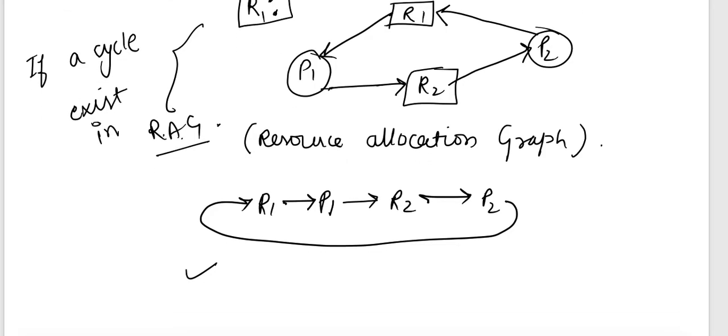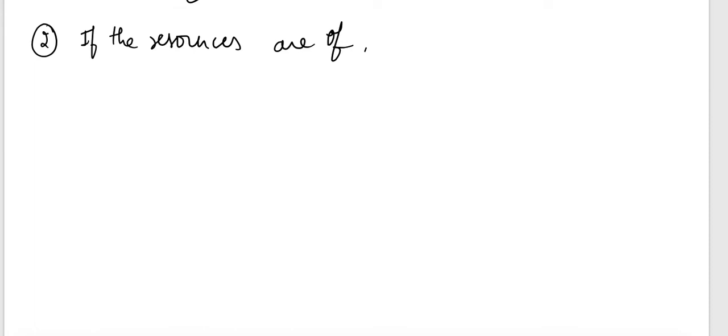Okay. Now, second, you might think, if the resources are of multiple instance type, then what to do? How will we detect the deadlock? Very easy.